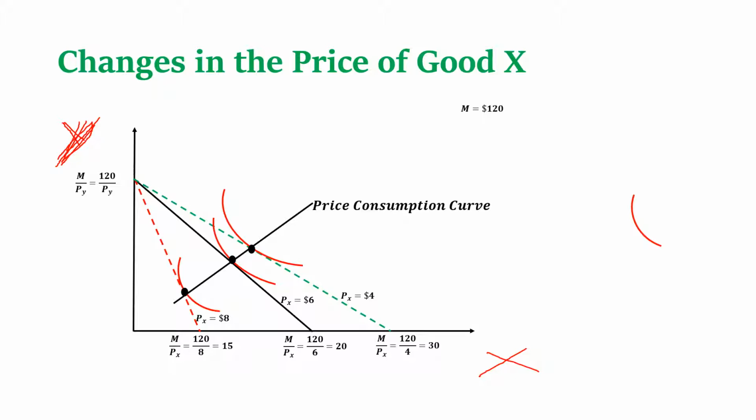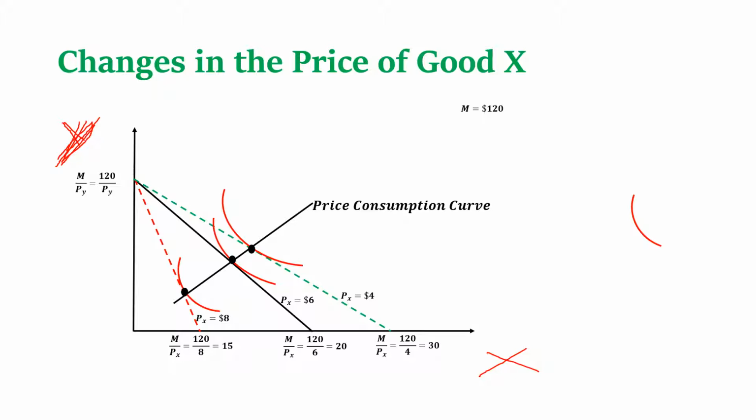Now remember, this is different from those relative prices we dealt with last time. When we have relative prices, the price of one good relative to the price of the other, if there is an increase in the relative price, the line rotates outwards, right?